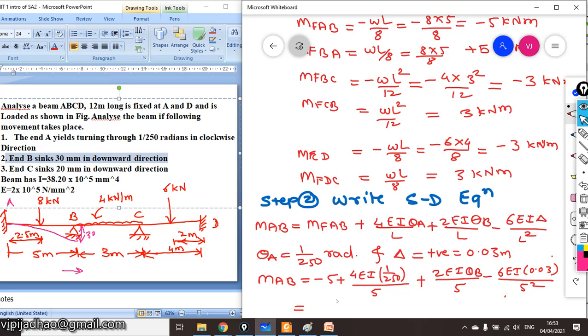So the final value will be 0.4 EI theta B, 4 EI theta B.